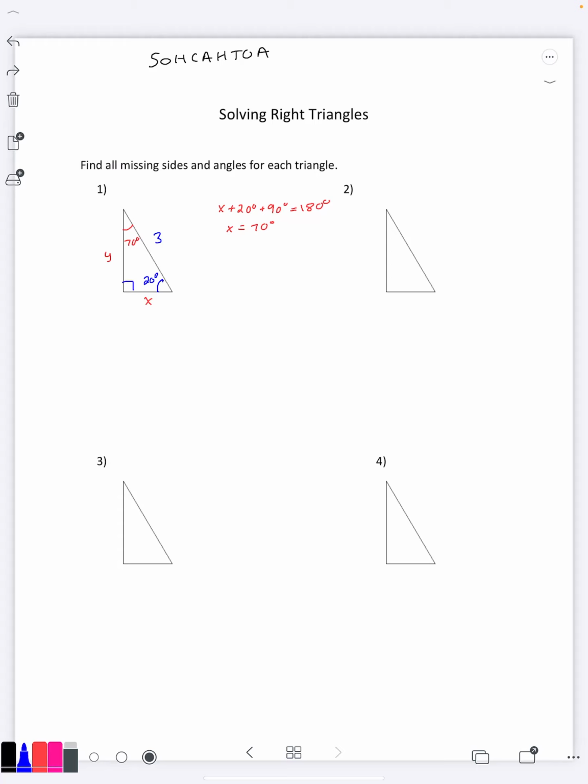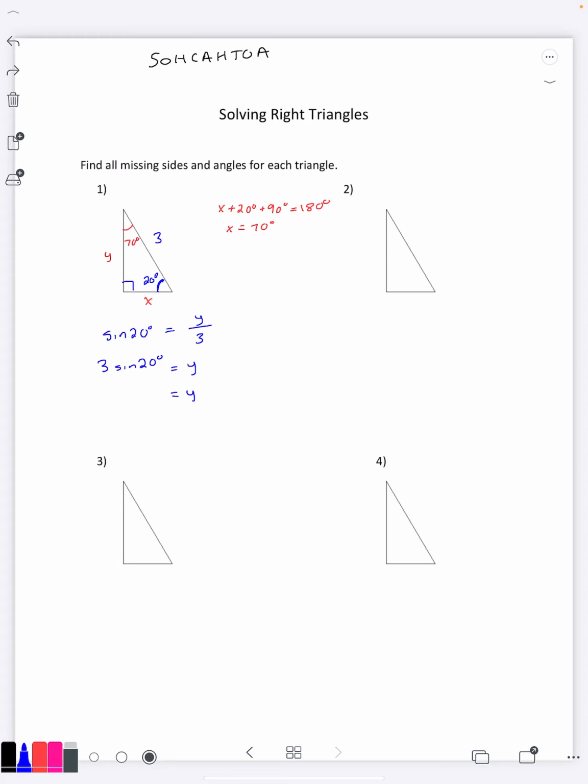So the first one is that sine is opposite over hypotenuse. So we know this angle is 20 degrees, so we would say sine of 20 degrees is the opposite side, which is y, over the hypotenuse, which is 3. And if you solve for y by multiplying both sides by 3, we get 3 times sine of 20.